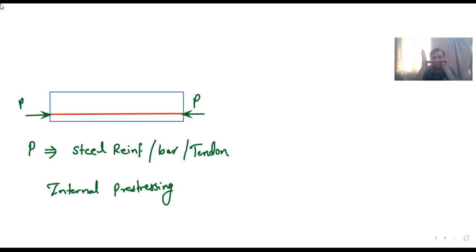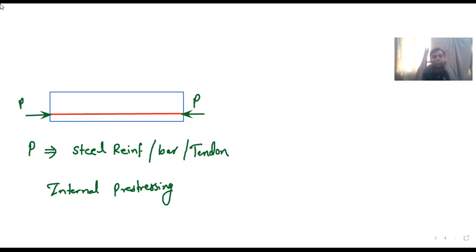Here my hands are the bearing plates. After that the jack assembly is attached, and beyond that the abutment, a firm support, is there. So the compressive force acts in this way on the member itself, the whole member, made up of steel and concrete both.